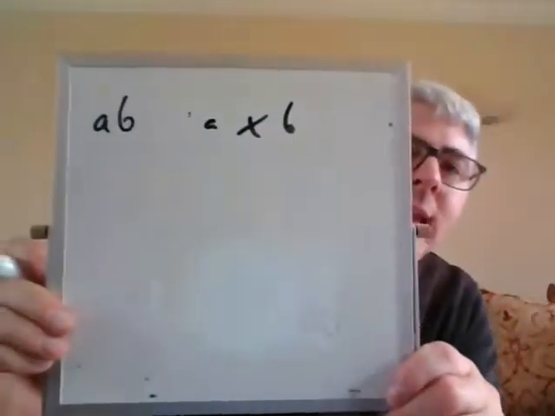And if I do this one, AB is A times B. So I just want you to see that.